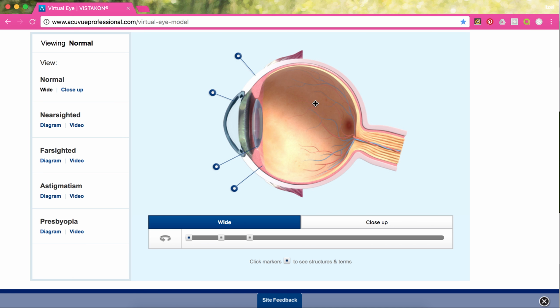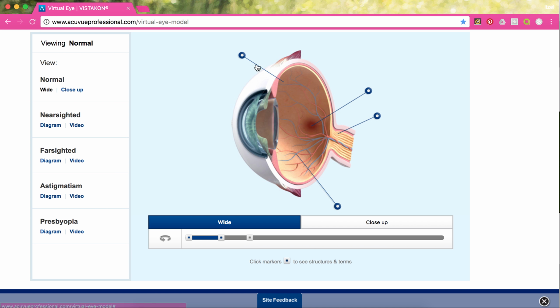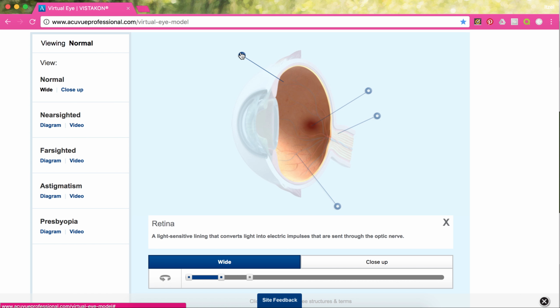Next, we have our retina, which is right here. This retina is the inner lining of the back chamber of the eye, which contains the layers of nerve cells that receive light rays. These enter the eye through the pupil and convert these light rays into electrical impulses, which are relayed to the brain via the optic nerve.